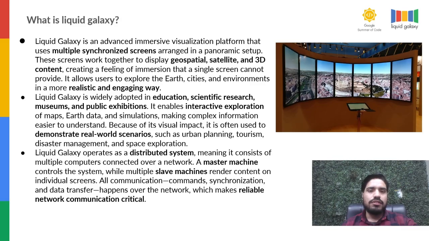in which one of the machines in Liquid Galaxy is a master machine and the rest of the other machines are the slave machines. If I take an example of this image, in this we have multiple screens, and in these multiple screens, one of the screens is a master machine and the rest of the screens are the slave machines.